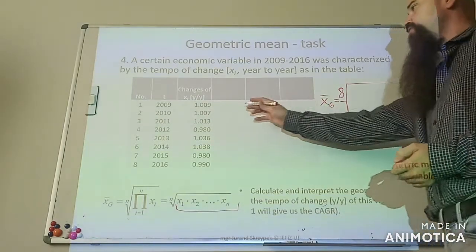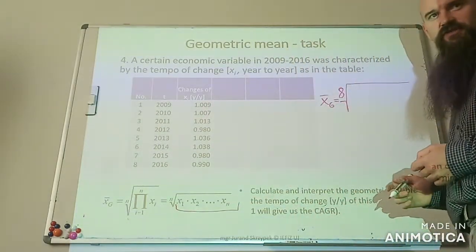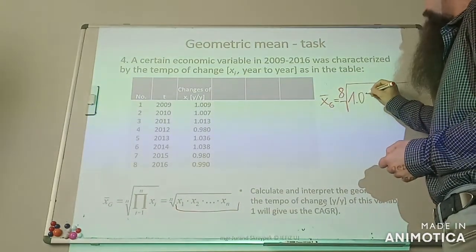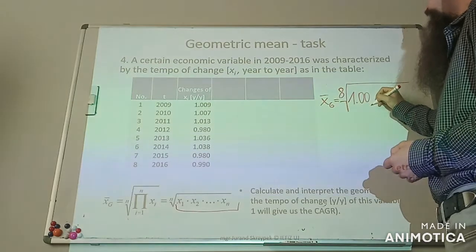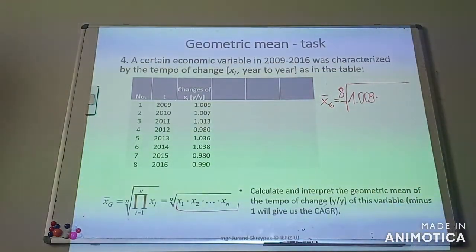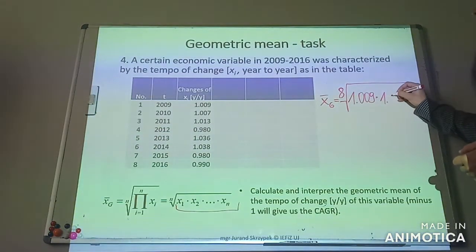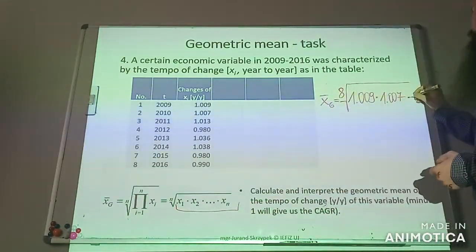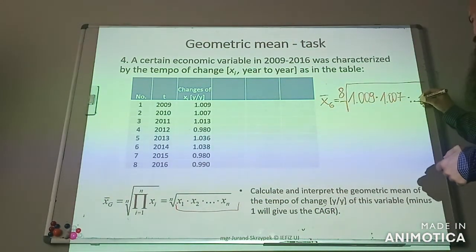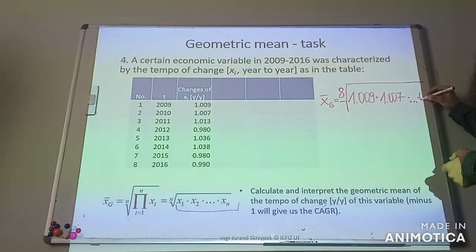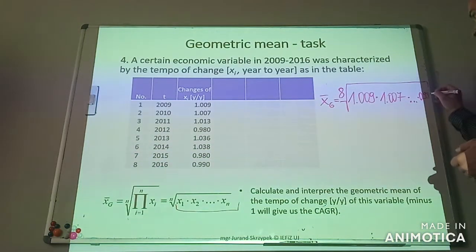And we start to multiply all the values from that column. First 1.009 multiplied by 1.007, the next value, multiplied by and so on, and the last value is 0.99.